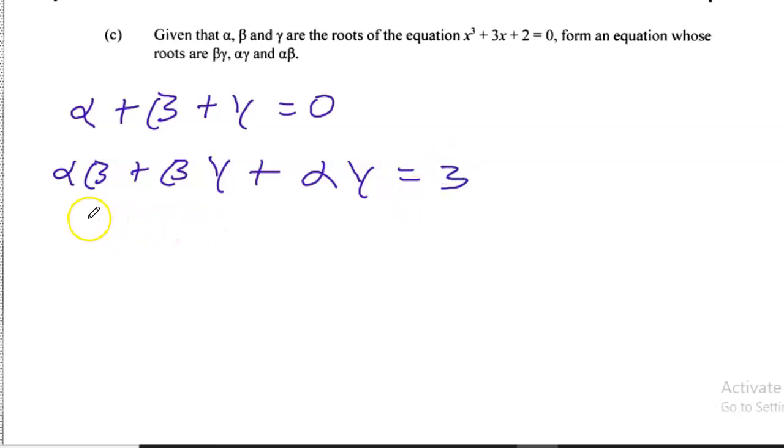And then the product of the roots, that's alpha beta gamma, is negative d over a. Now d is a constant, which is 2, so negative d would be minus 2. Alright, so now we're asked to form an equation whose roots are beta gamma, alpha gamma, and alpha beta.